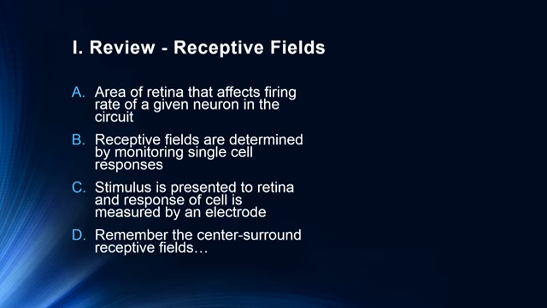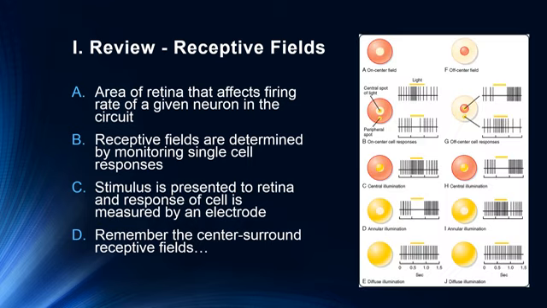I wanted to review quickly the idea of center surround receptive fields because those become important as we start talking about simple cells in particular. You recall from our last lecture, we might have a receptive field that looks like this annulus with an on center, or it could have an off center. If we shine a light in the center, it's going to excite the cell and increase its firing rate in the on center field.